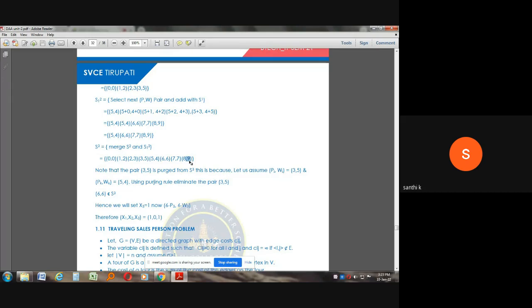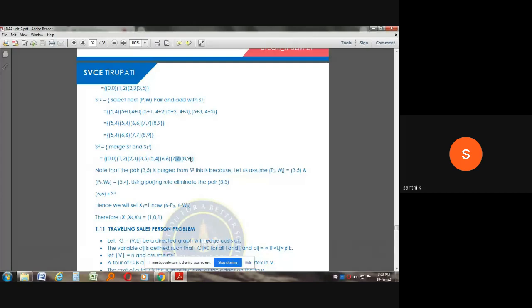It is beyond the weight, so we have to reject this ordered pair (8, 9). Now when you take (7, 7), the weight value is 7, which is beyond the capacity of the knapsack 6. So we have to remove (7, 7). So we are removing (7, 7) and (8, 9) from the last set.